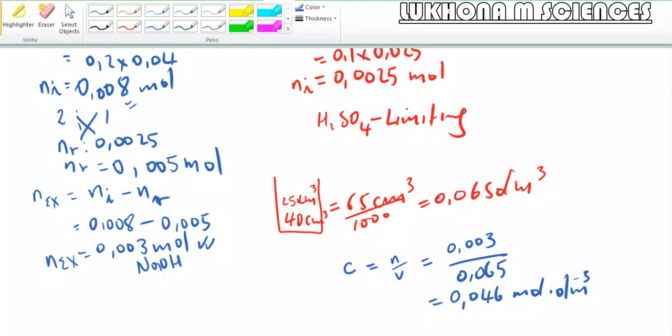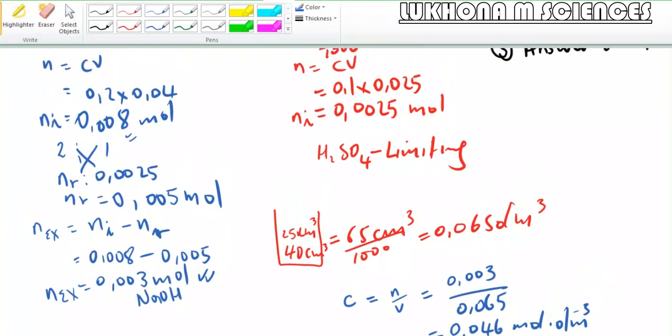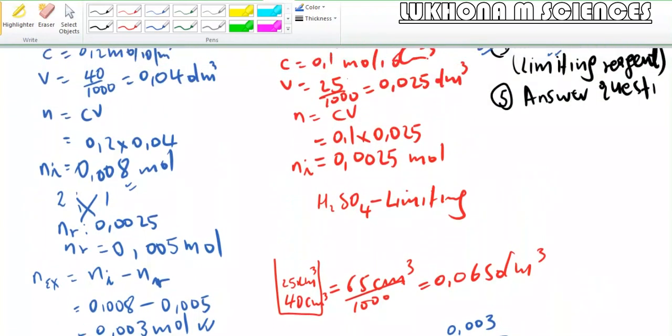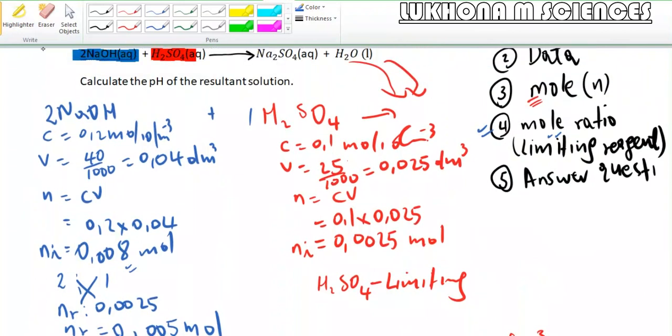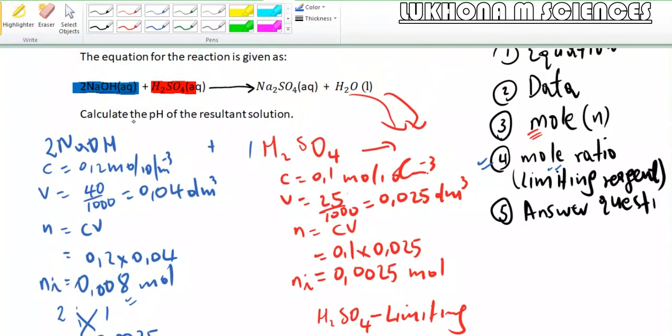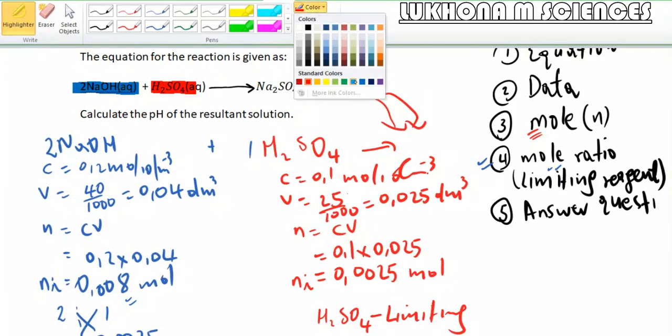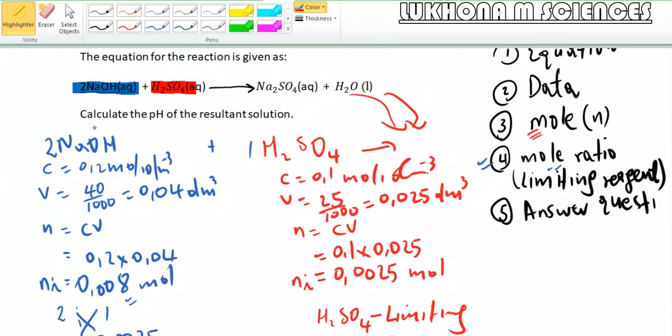Then let's go to the question. The question says calculate the pH of the solution.